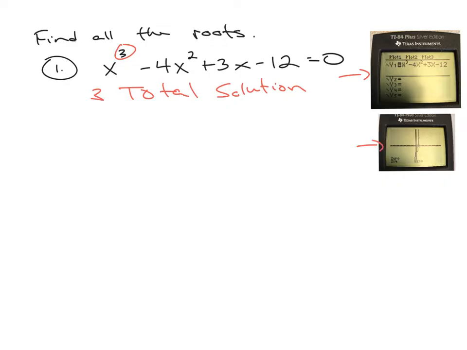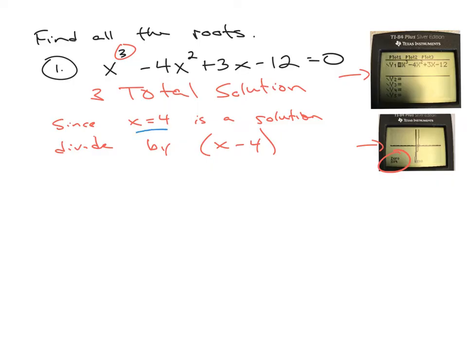And I got that it intersects the x-axis once at x equals 4. So, since x equals 4 is a solution, we are going to divide the original by x minus 4.